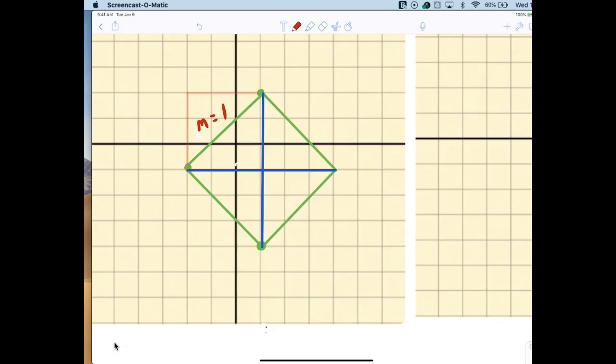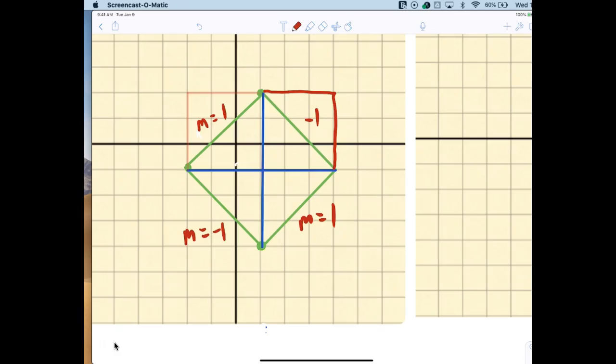And then over here, here to here, everybody agree that's what? We agree it's -1, right? And then the slope over here is 1. The slope over here is what? -1. All right, so now we know the sides are what?